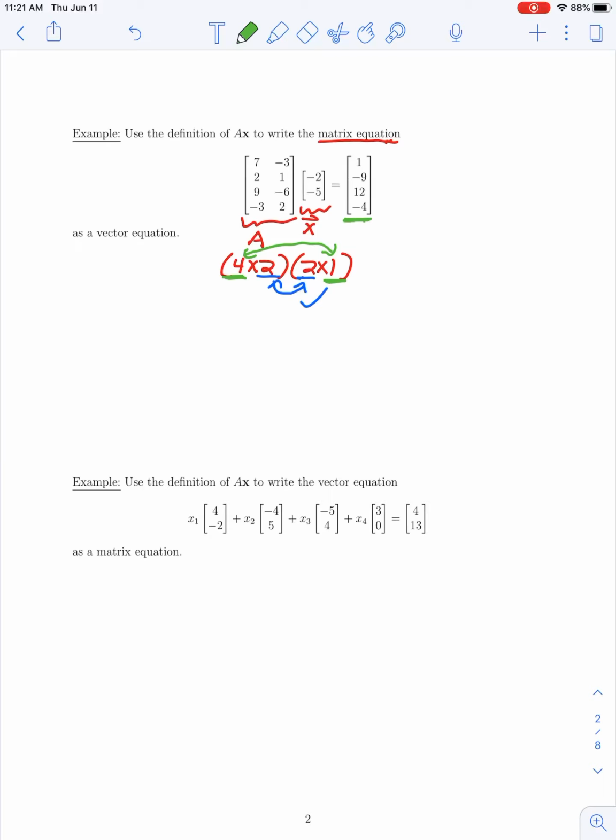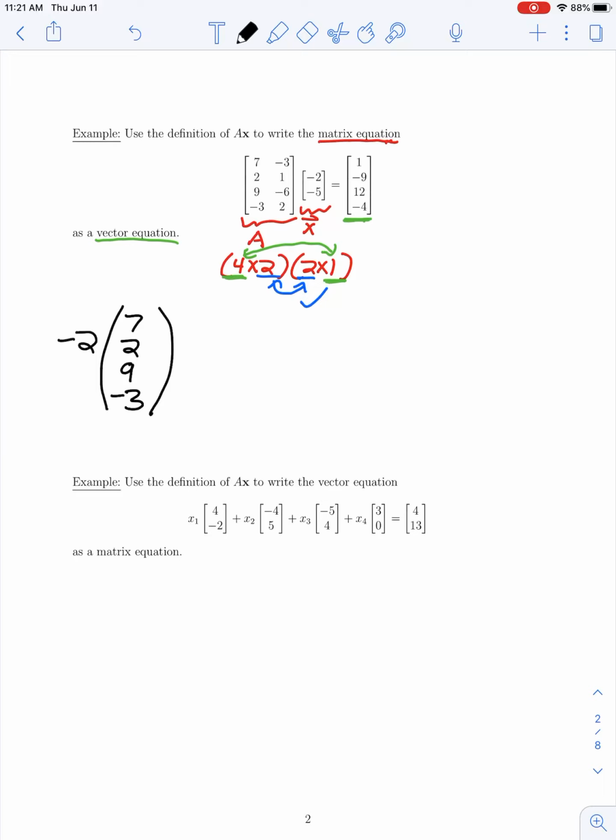So let's rewrite this equation as an equation just involving vectors instead of matrices. So in order to multiply A times x, well, we take the first element of the vector x, which was -2, as the weight of the first column of A. Now the first column of A is 7, 2, 9, -3.